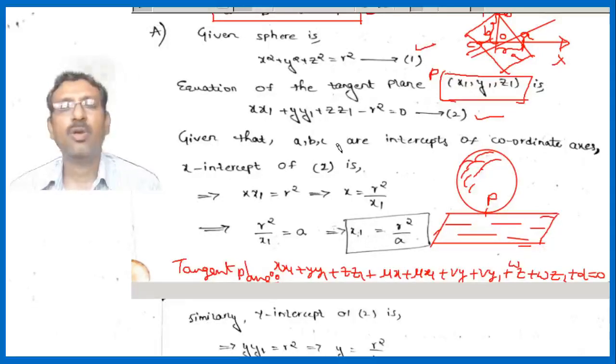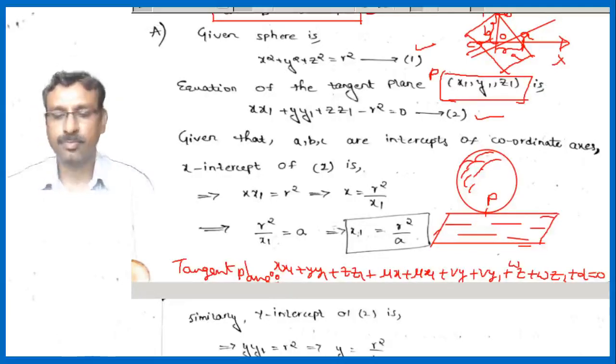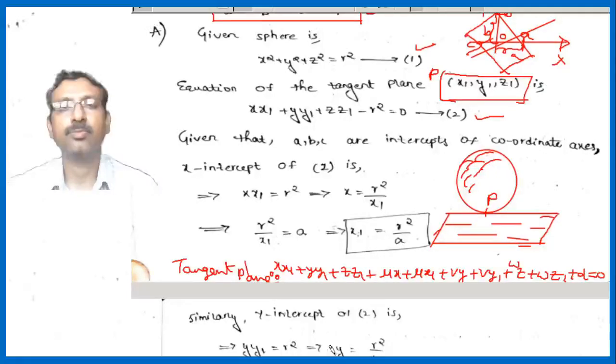So now we go to the intercept concept. Here I am using the concept of intercept. We find intercepts on the x, y, z axes or coordinate axes using the equation of the tangent plane, equation 2.